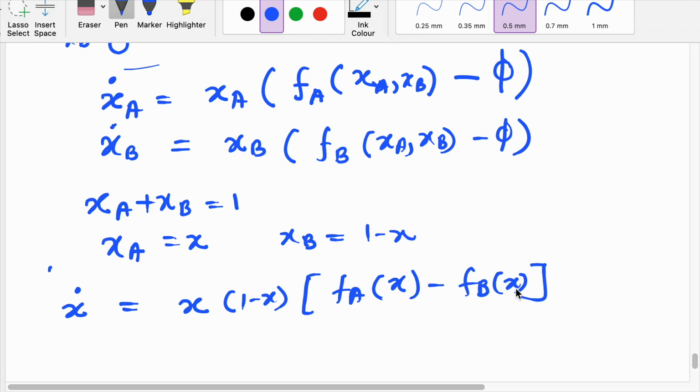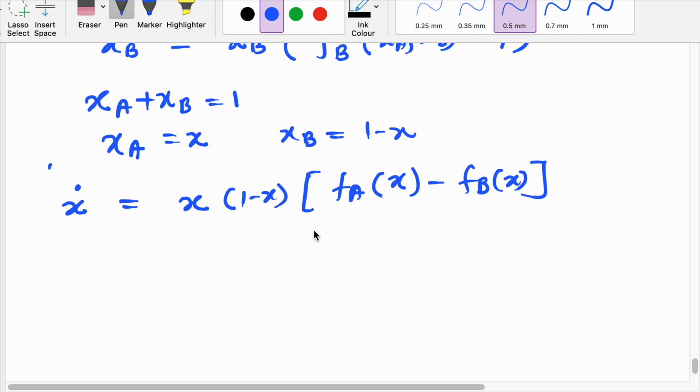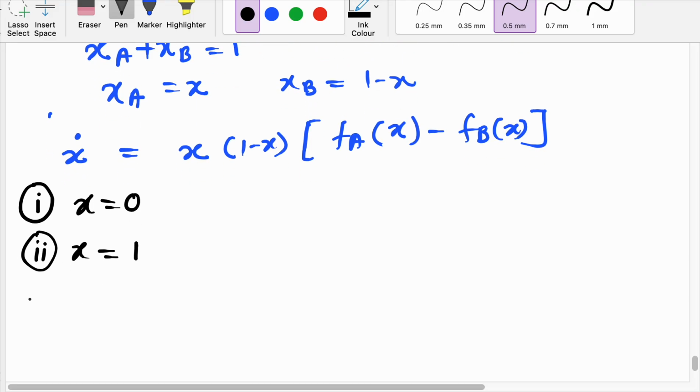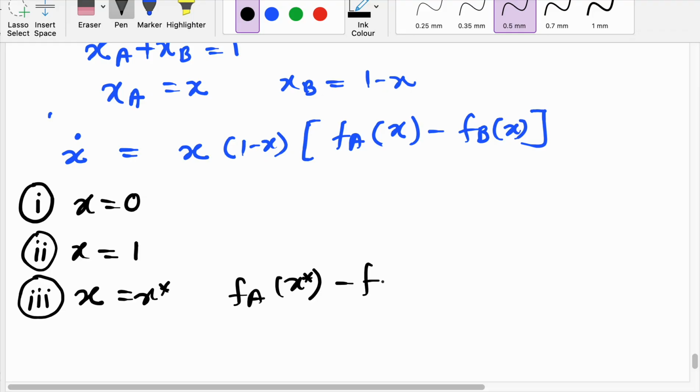This will be my equation. Now again, how many fixed points are there? One, x equal to 0. Two, x equal to 1. And three, x equal to x star. How do we get x equal to x star? By solving fa(x star) minus fb(x star) equal to 0. These are the fixed points.